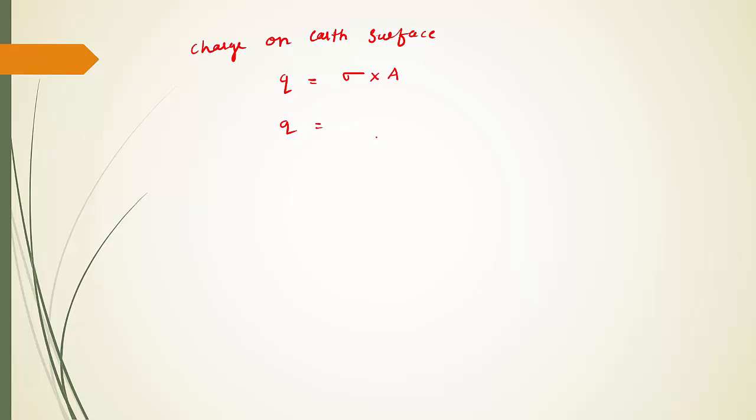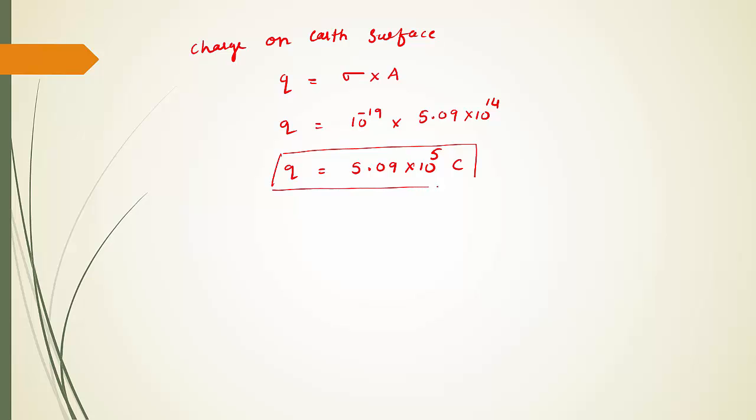So we will get the Q value as sigma, given as 10 raised to minus 9, into the surface area of the Earth we calculated, 5.09 into 10 raised to 14 meter square. So now we got the Q value: 5.09 into 10 raised to minus 9 plus 14, that is 5 coulomb. So now we got the charge on the Earth surface. Therefore, the time taken to neutralize the Earth's surface.